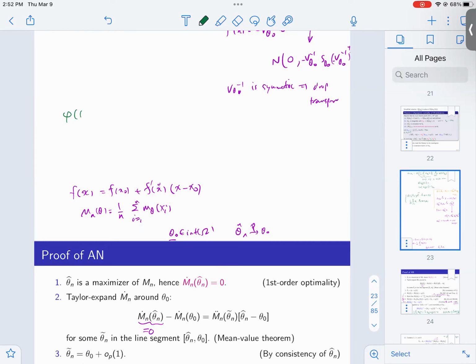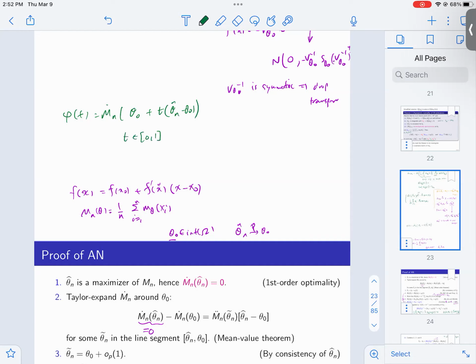Let's say it's M dot of theta naught plus t times (theta hat n minus theta naught), defined on 0 to 1.